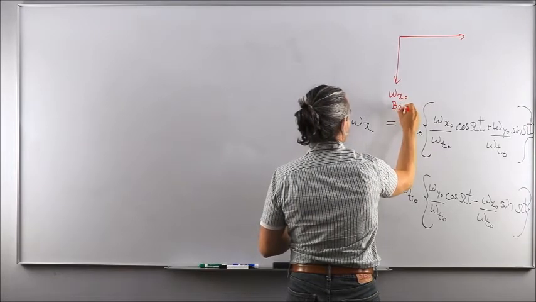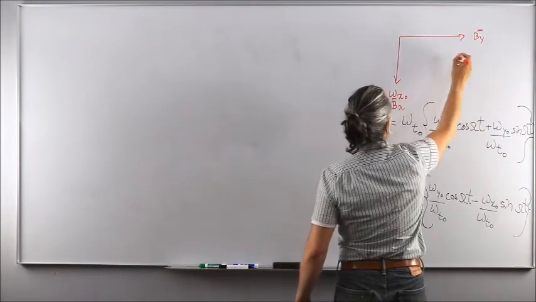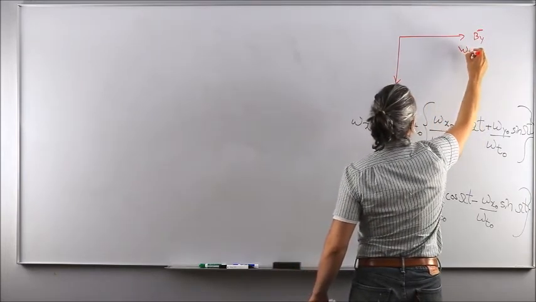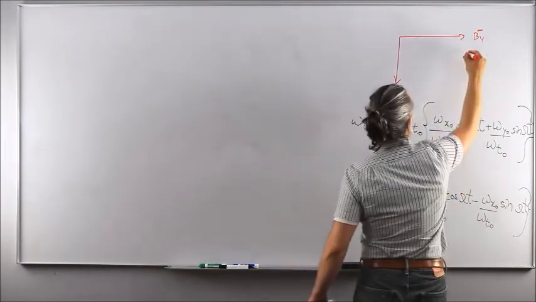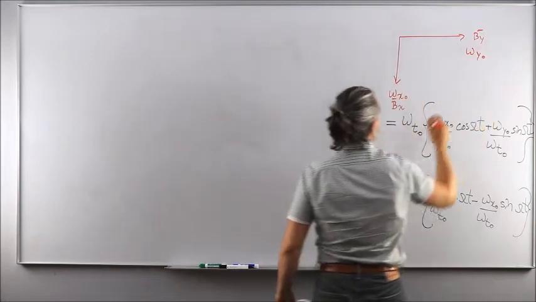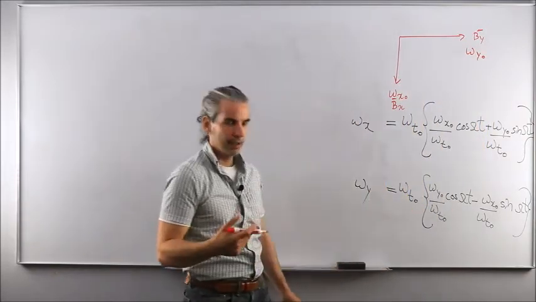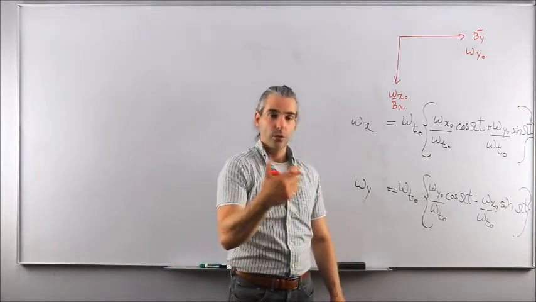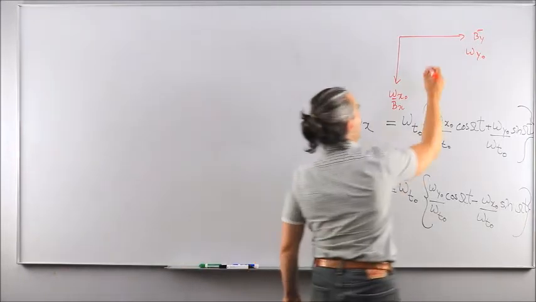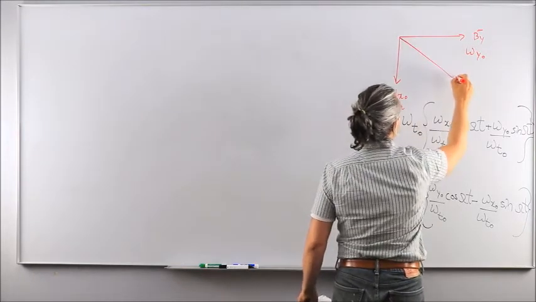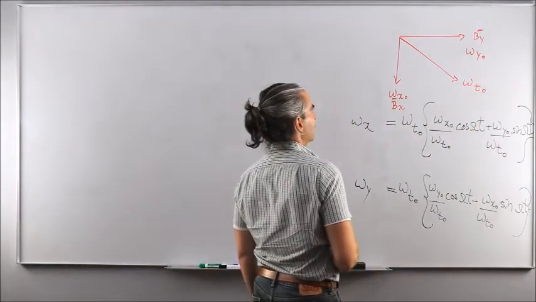This is bx and by, and that would mean that omega y naught would be along this direction as well. Omega y naught. And by virtue of the definition of omega t naught, and if you remember, we had said that omega t naught was equal to the square root of the x square plus the y square of omega, that means that this is actually equal to this, okay, in terms of geometry.